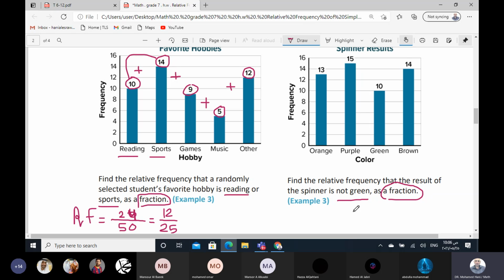Okay, check with me, please. The first step, find the total. 13 plus 15 plus 10 plus 14, so the total will be 52.